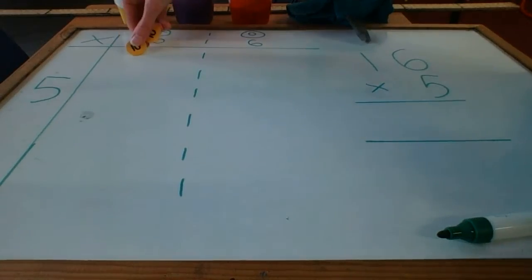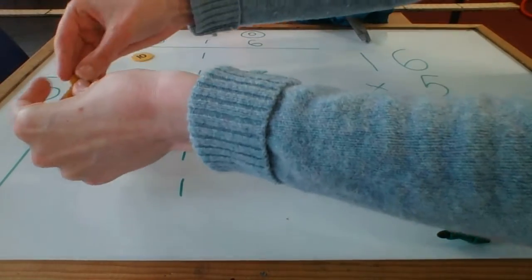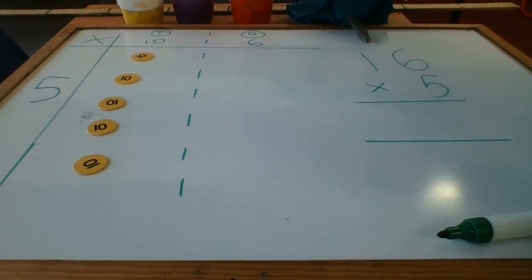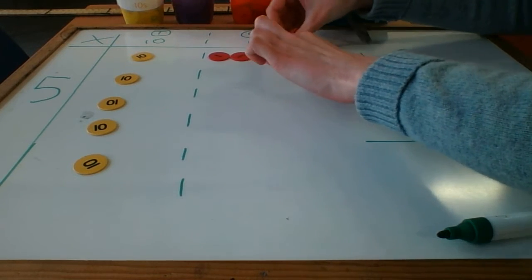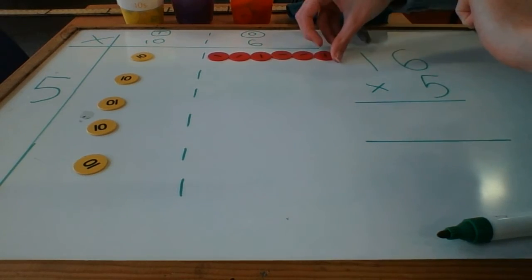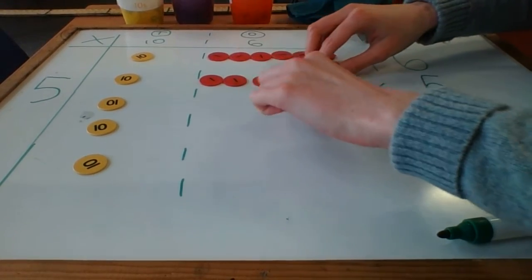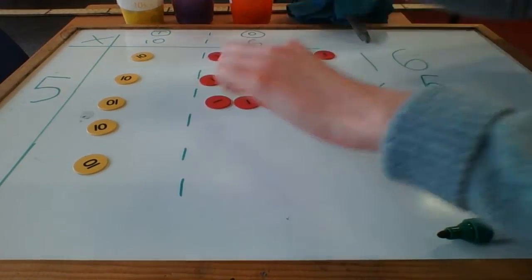So I'm going to make 16 5 times. So 1, 2, 3, 4, 5. And then I will need 6 ones. So 1, 2, 3, 4, 5, 6. And another lot of 6 ones. Another lot of 6 ones.